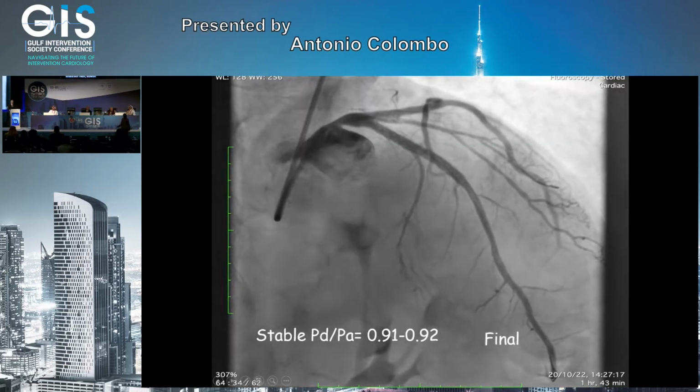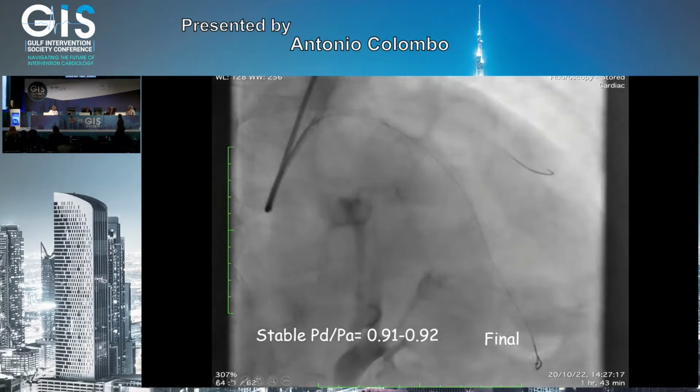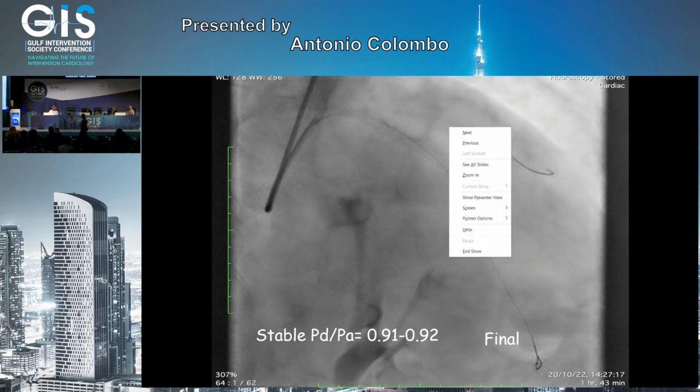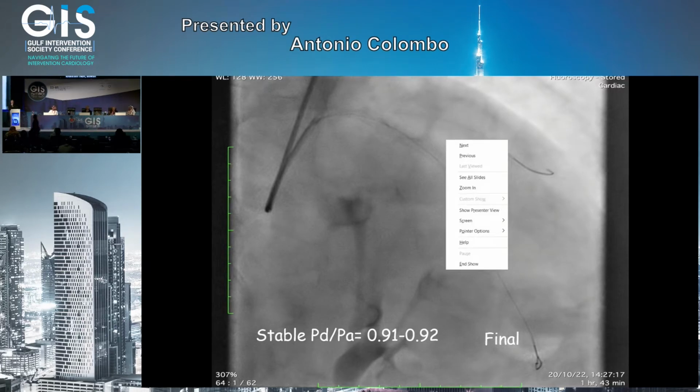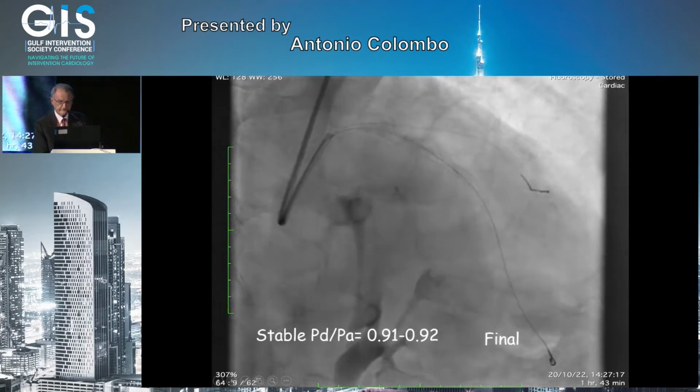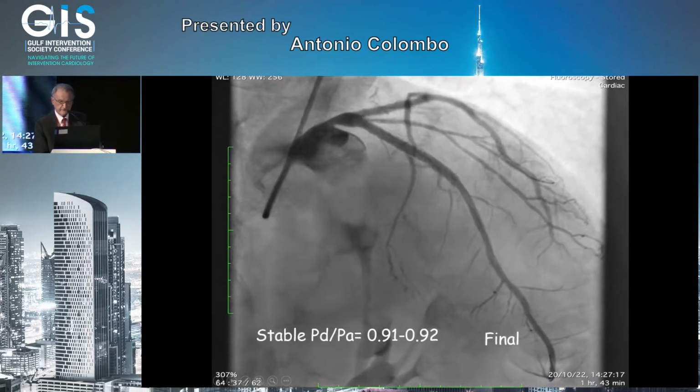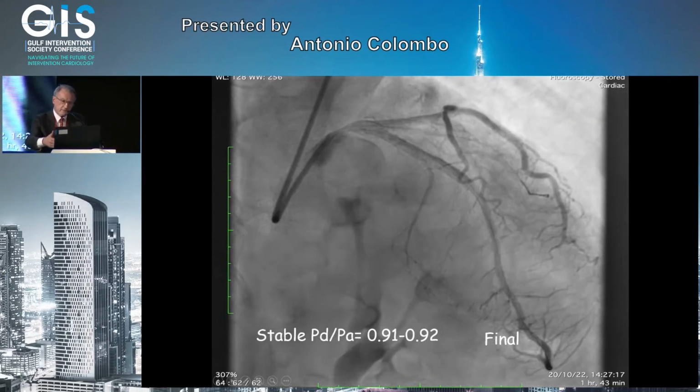Look, in this other projection it is stable, 91, 92. There is a dissection, but you see that the lumen is well maintained, so you can achieve a good result.